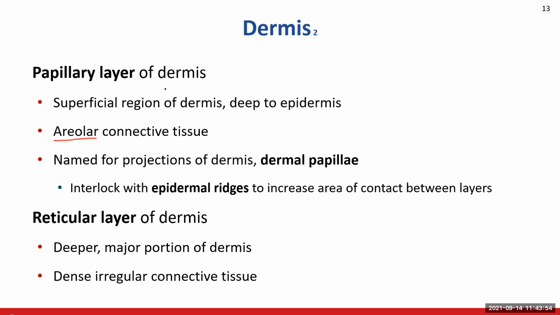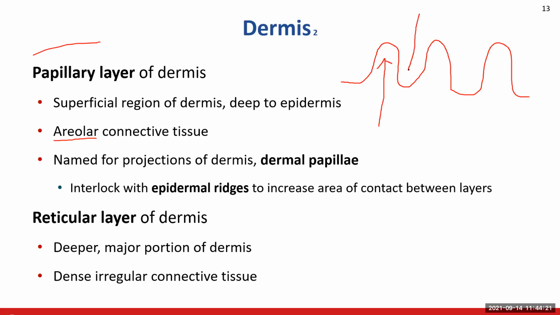So if you look, and I'll show you here, we'll see our epidermis and dermis will have this type of relationship between the 2. So these little bumps that project upwards, that's part of the dermis, the papillary layer, and then these little indentations that go downward, that's part of the epidermis.